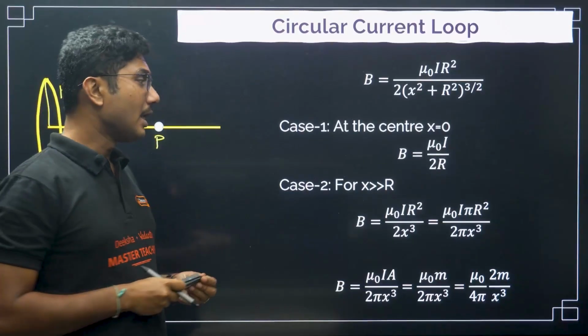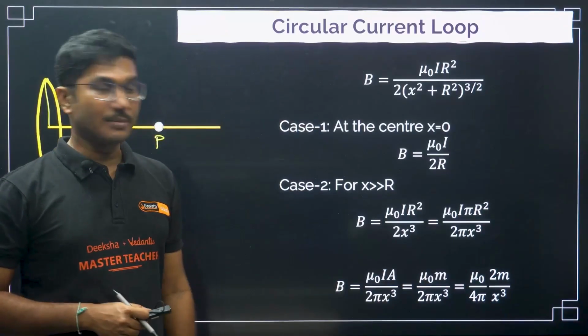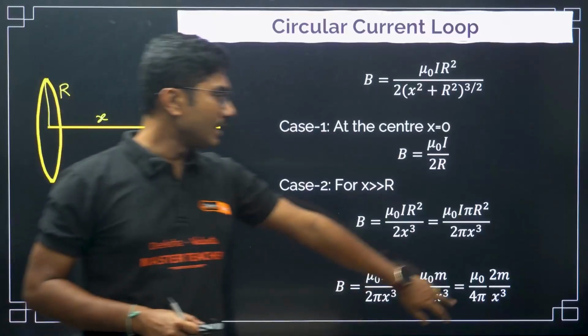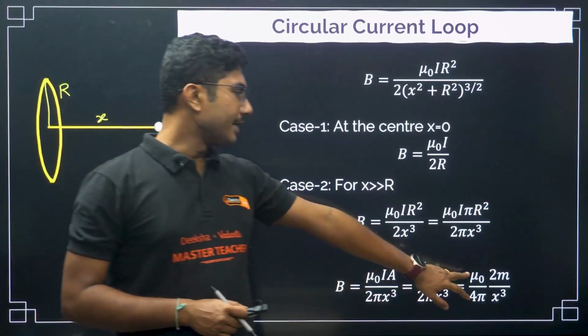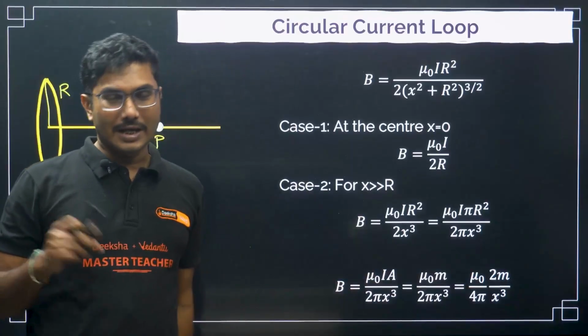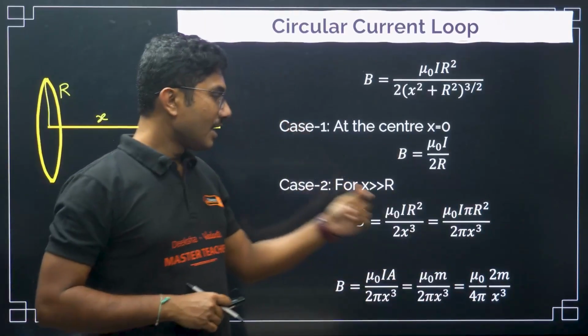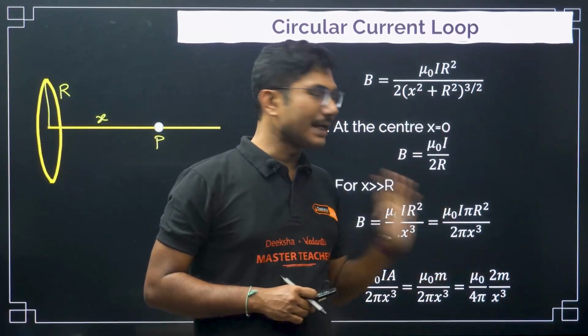So if you take the point P very far away from the current carrying coil, then it gives you an expression like that of an electric dipole. This expression is very similar to that of the electric dipole, only the constant there was 1 by 4 pi epsilon naught, here it is mu naught by 4 pi. Obviously that was for electric field, this is for magnetic field, so that is the basic difference. There it was 2p by r cube, here it is 2m by x cube.